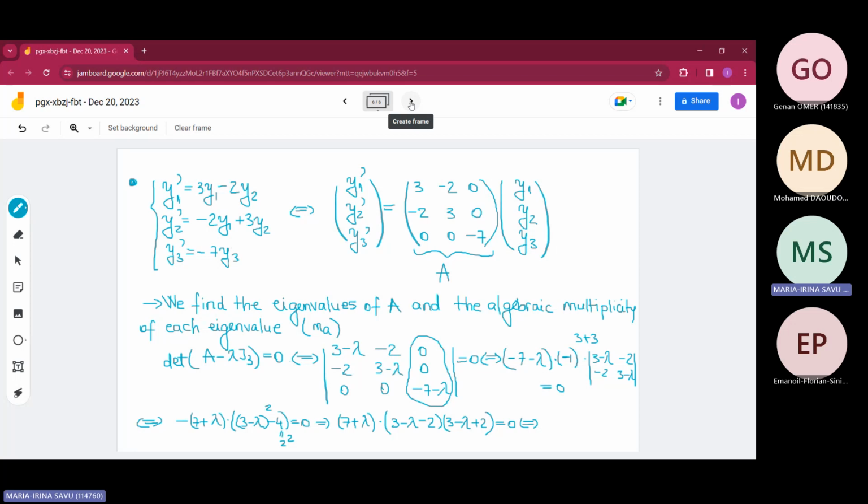Okay. And now let me write directly the solutions. Now you have that lambda 1 is minus 7, lambda 2 is 1, and lambda 3 is 5.